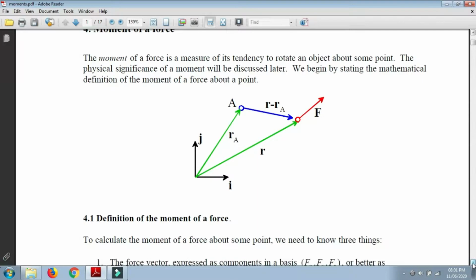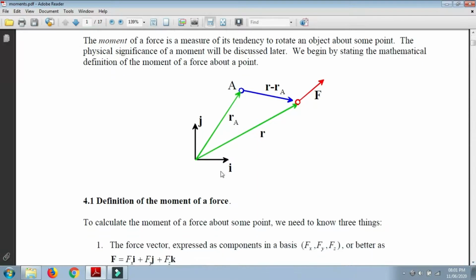If you look over here, this is your coordinate system with I and J. This is your force F, which is at some finite distance from this coordinate system. It is one point over here and another point is over here. So how can we reach this point to create this R?